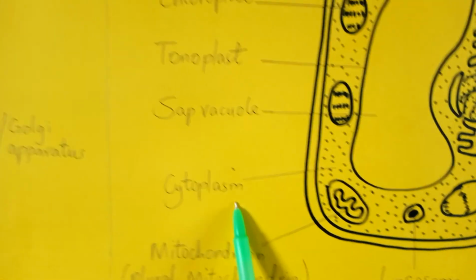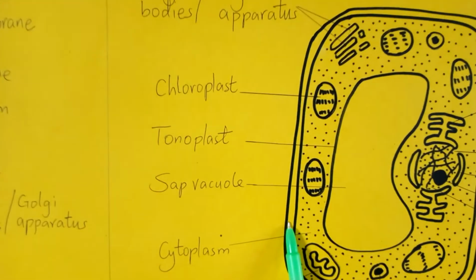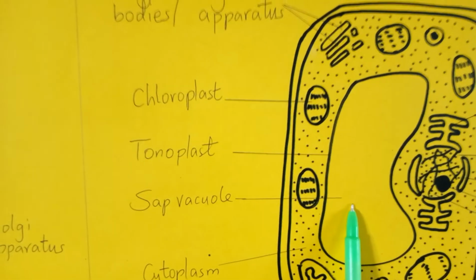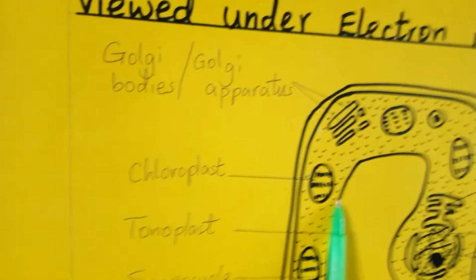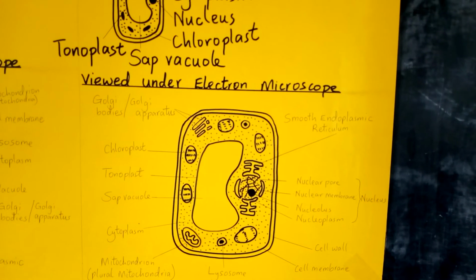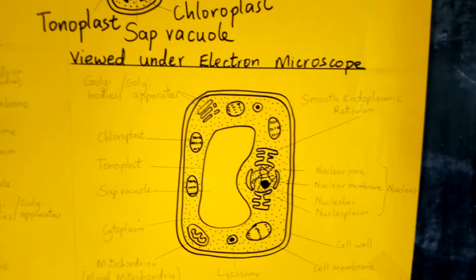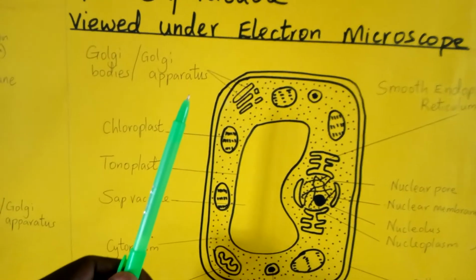We also have the cytoplasm, which is the liquid part of the cell. We have the sap vacuole, this part here. Chloroplast is also here. This is where photosynthesis takes place. We also have Golgi bodies, which are also referred to as the Golgi apparatus.